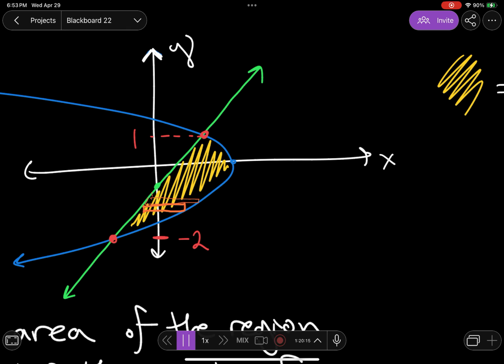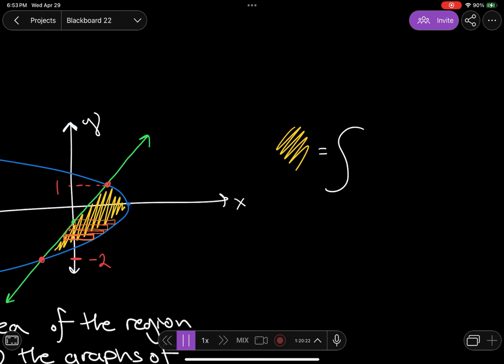Instead of rectangles that are upright, we're stacking them up like this. But like I said, the fundamental theorem does not care what variable you are integrating with respect to. We can still take antiderivatives and use the fundamental theorem.